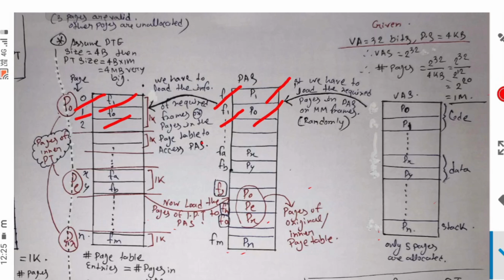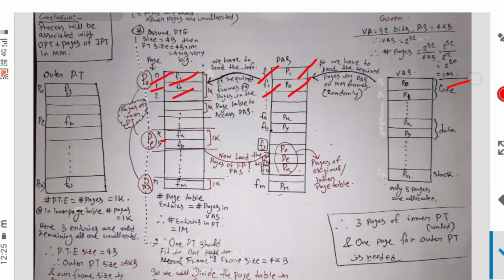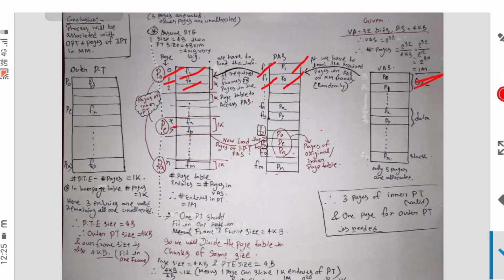So the number of page table entries is equal to the number of pages in the virtual address space. The virtual address space has 1 million pages, so the number of page table entries is 1 million.